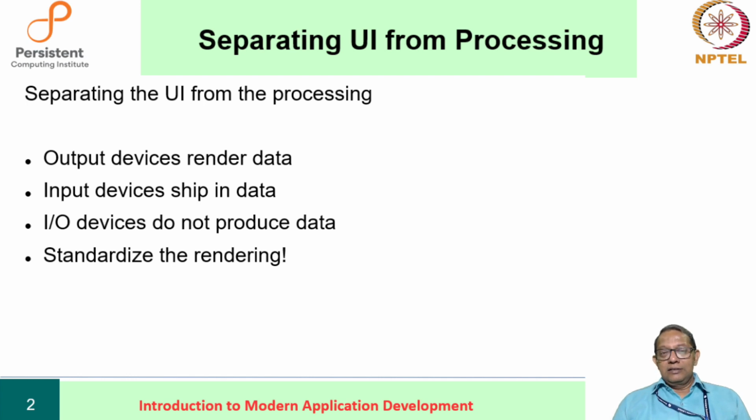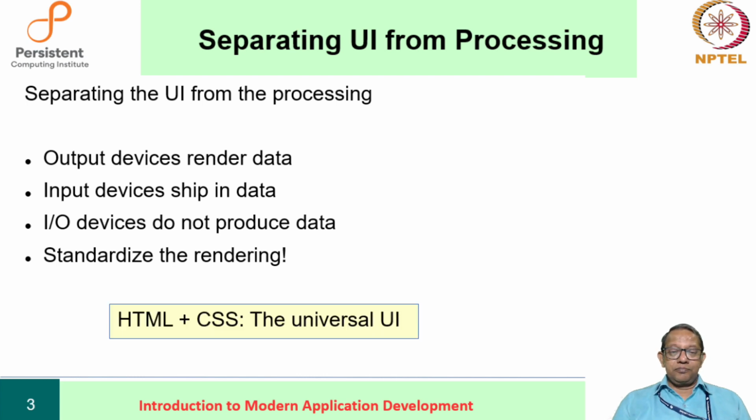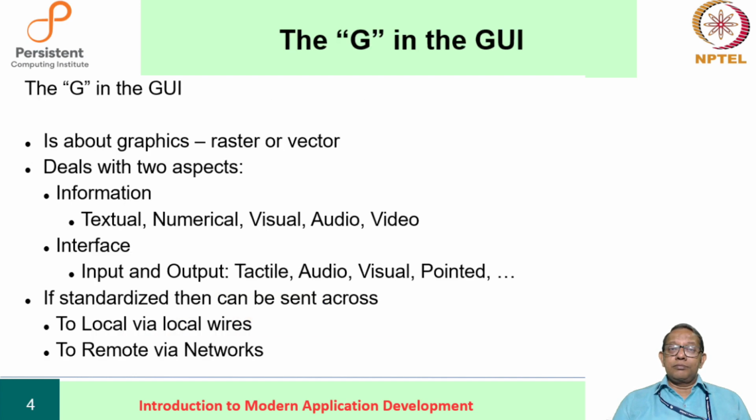How do we standardize? Well, we use HTML and CSS. In fact, HTML and CSS are the universal user interface. That is what we would like to really draw your attention to.